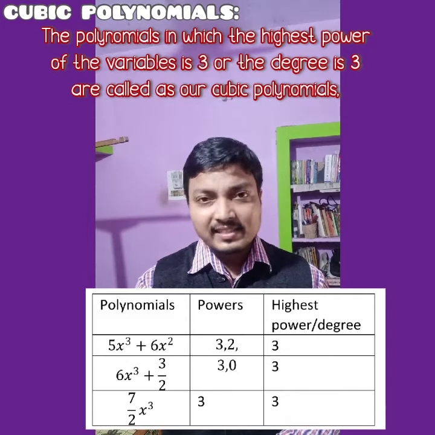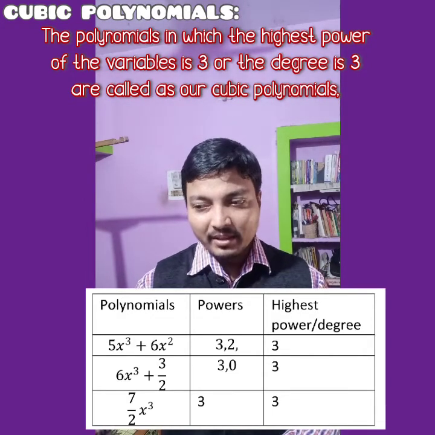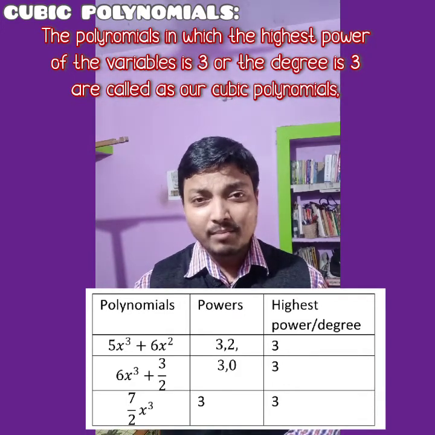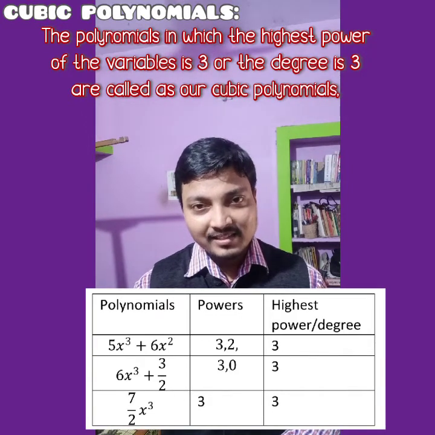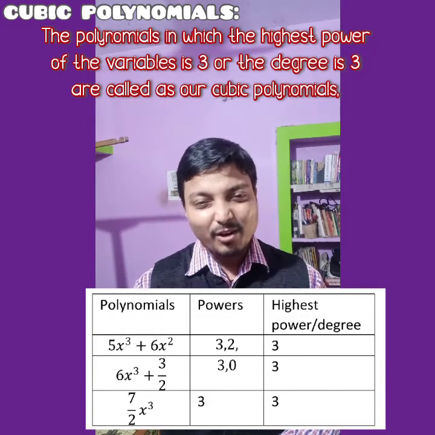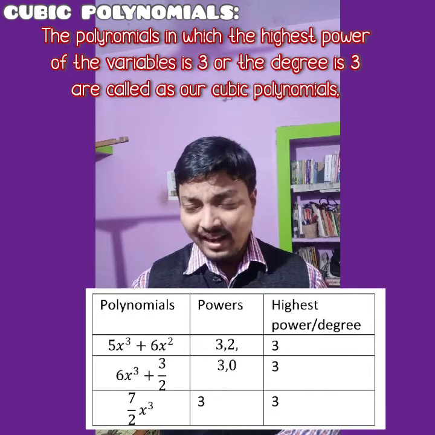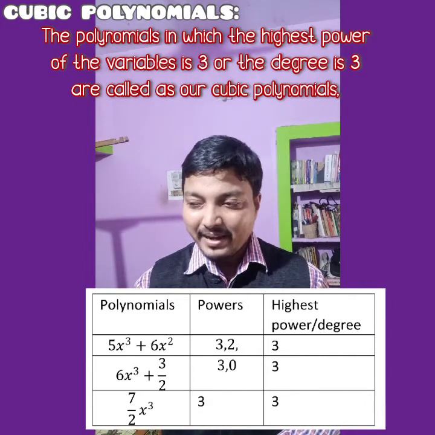Another example, 6x cube plus 3 by 2. It has two terms. The first term has the power of the variable 3, but the second term has the power of the variable 0. So the polynomial has degree 3, meaning the highest power is 3, and this one is called a cubic polynomial. Last example, 7 by 2 x cube.